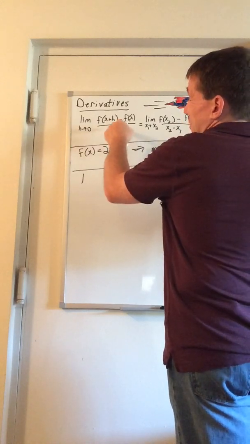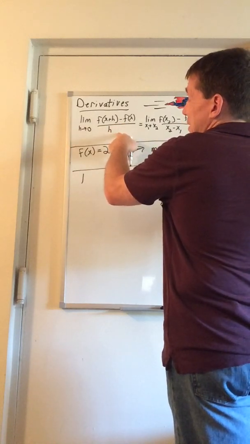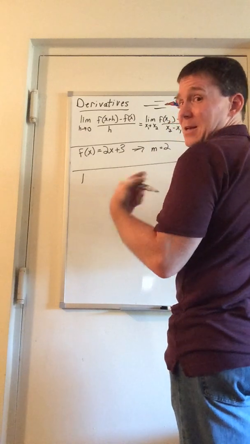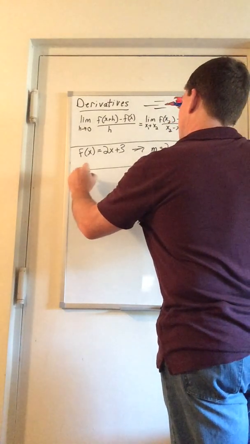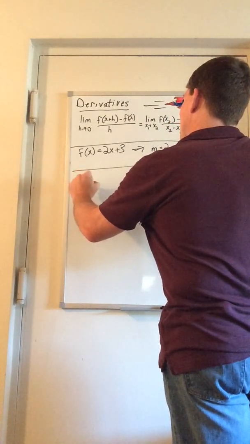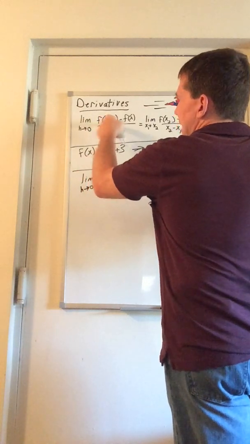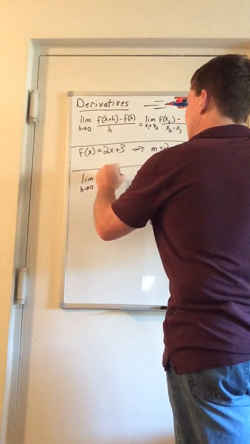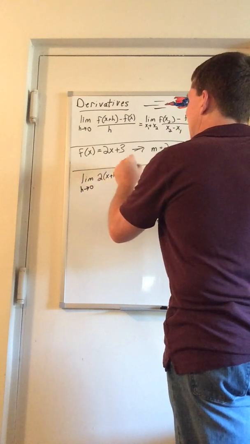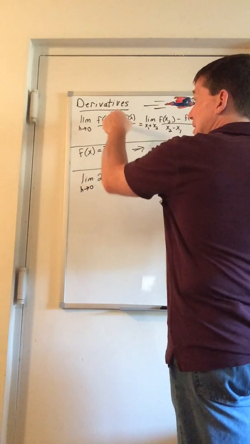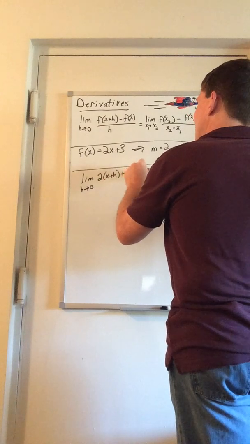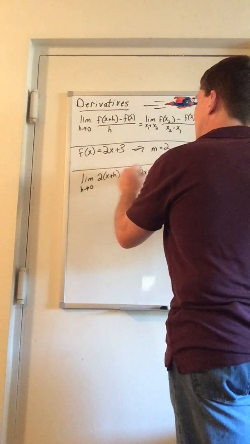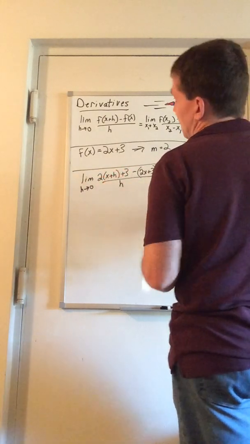I personally prefer this version right here of the definition, so that's the one I'll use most often, but you can use other ones. The limit as h approaches 0 of f of x plus h, which for us will be 2x plus h plus 3, minus, make sure you put it in parentheses, f of x, which is my function, 2x plus 3, all over h.